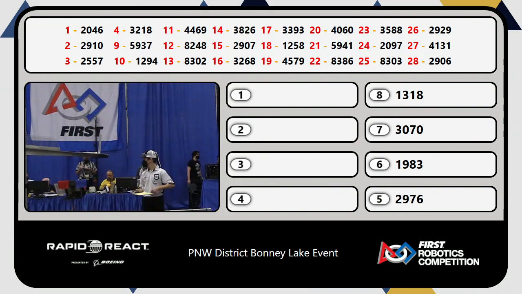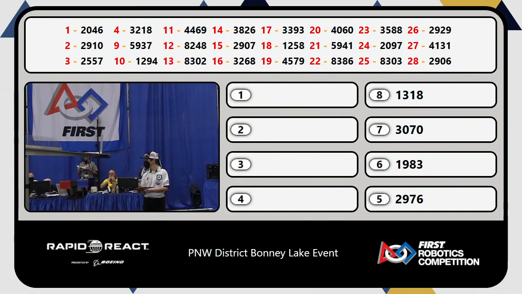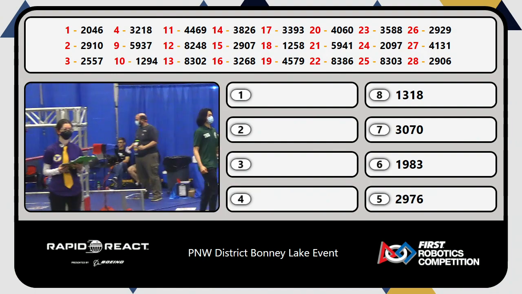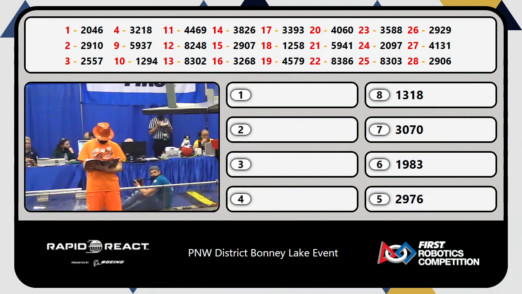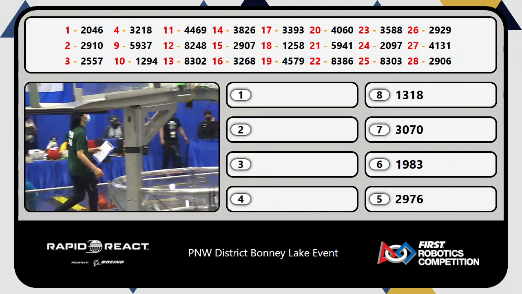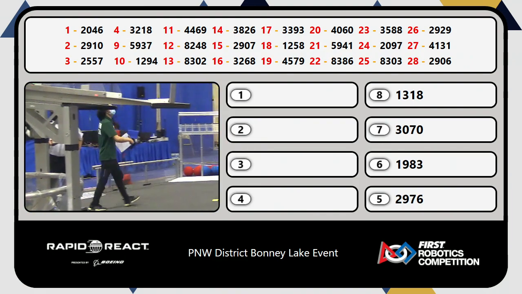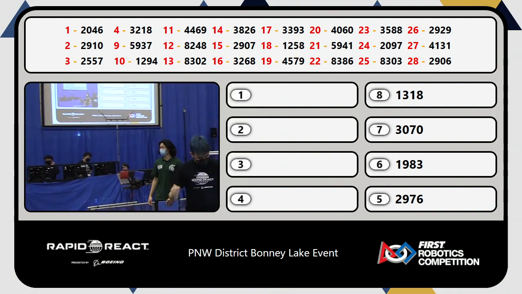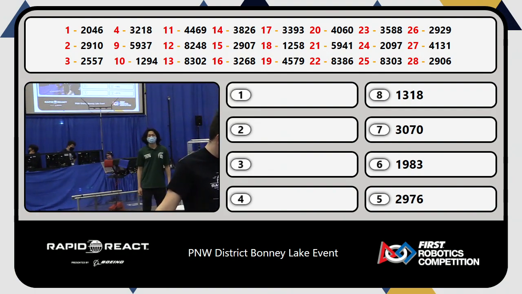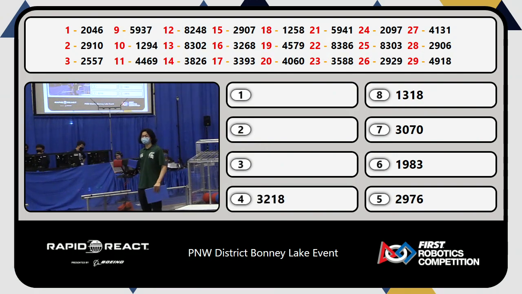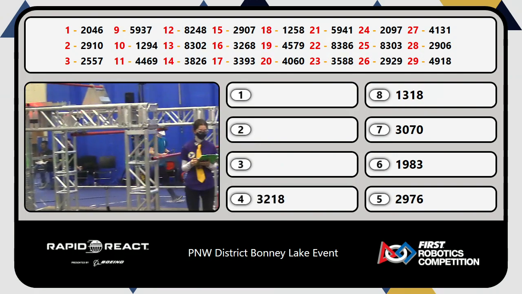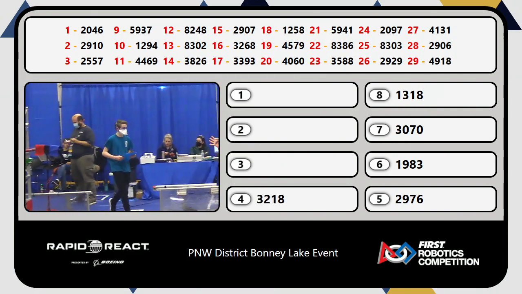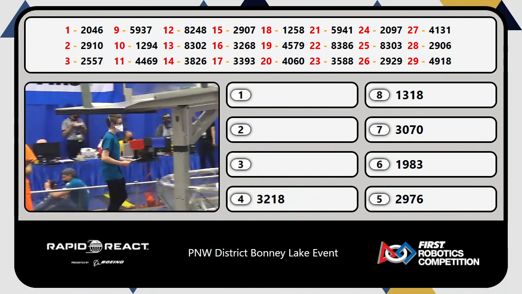From Sammamish, Washington and Skyline High School, the Spartabots. All right, your number 4 seeded team, 3218. From right here at Bonney Lake High School in Bonney Lake, Washington, Panther Robotics.